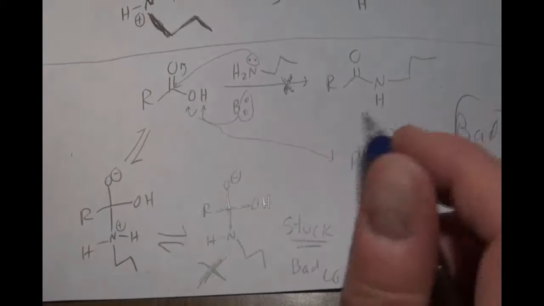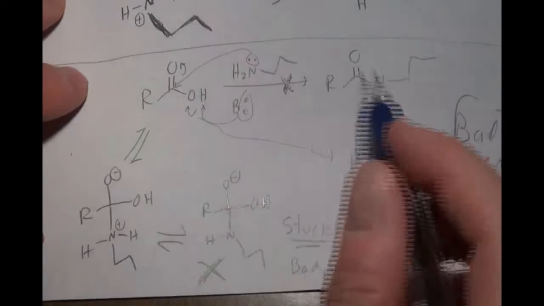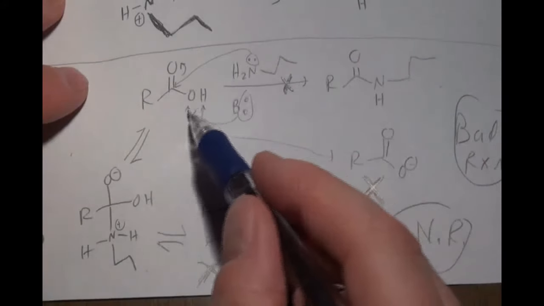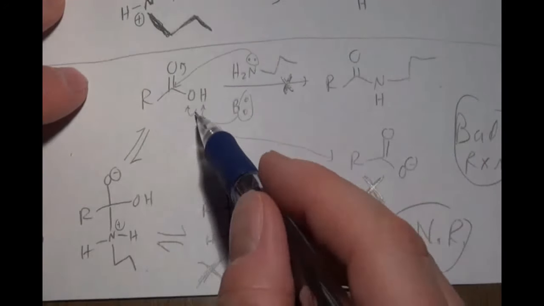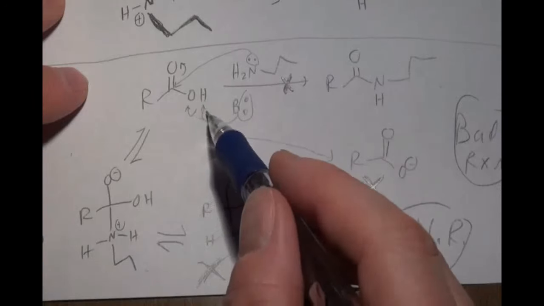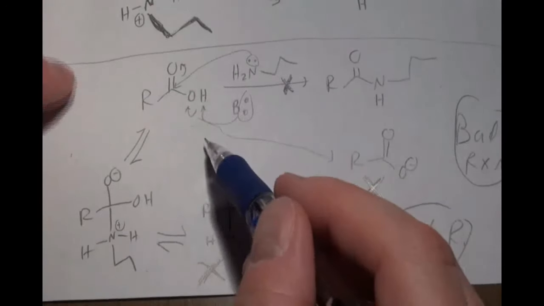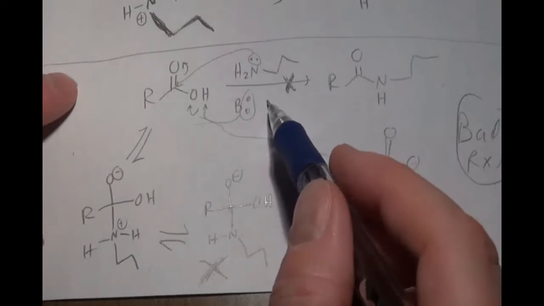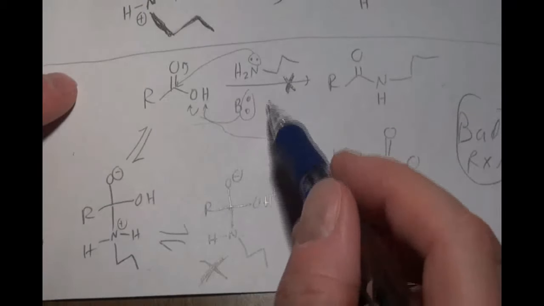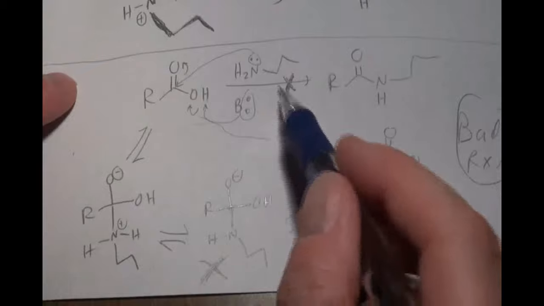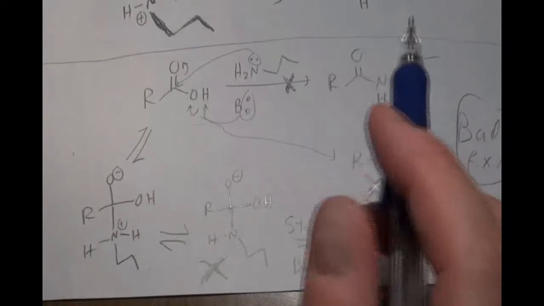Okay? So what does this show you? In order to do these reactions, you need a good leaving group. And hydroxy is not a good leaving group. You need a better leaving group like chloride. So there's going to be a couple ways to get around this. And one of them is that if we use the acid-catalyzed reaction, we can get this to work sometimes. Okay? All right.